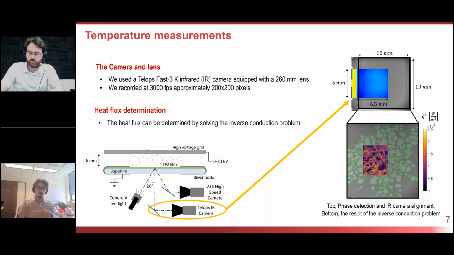And then there is an inverse problem that you can solve, and we will see how, to find the heat flux between the wall and the liquid locally. And here you can see the combination between the phase detection and this heat flux between the wall and the liquid. But we will see this a little bit better in the future slides.